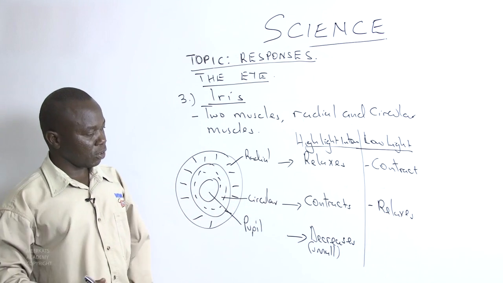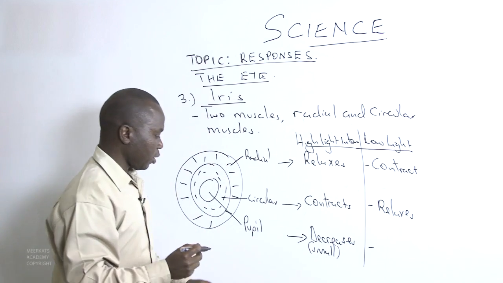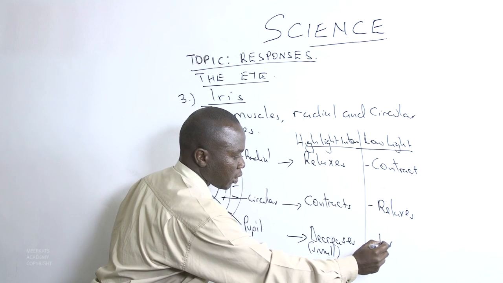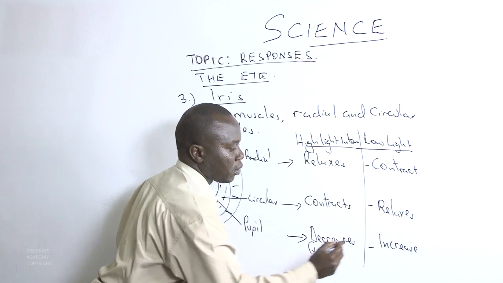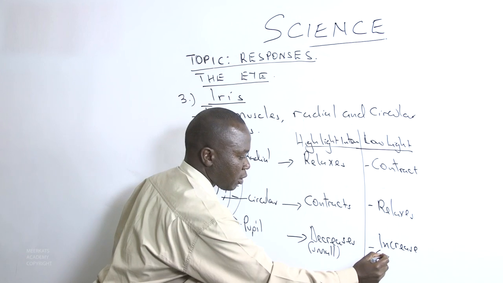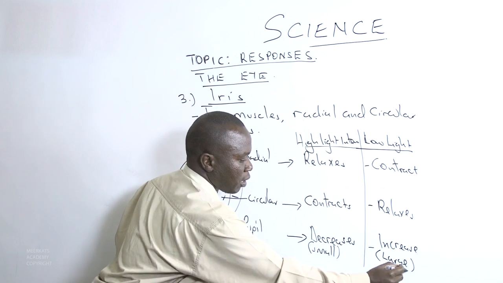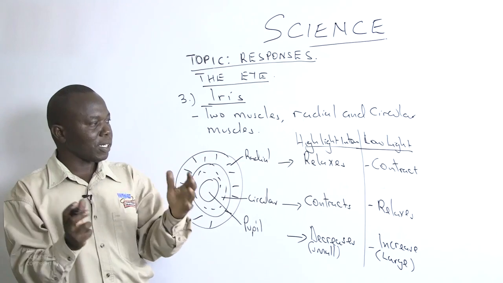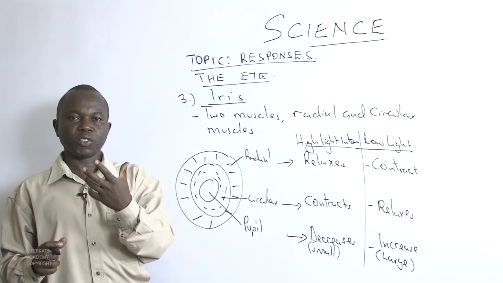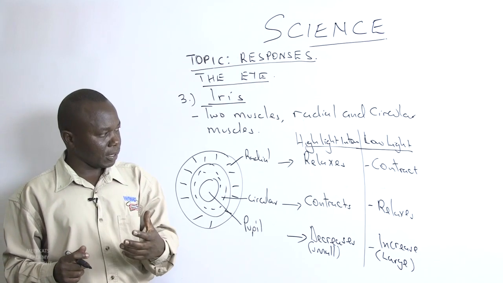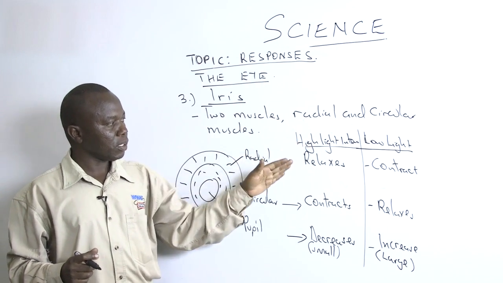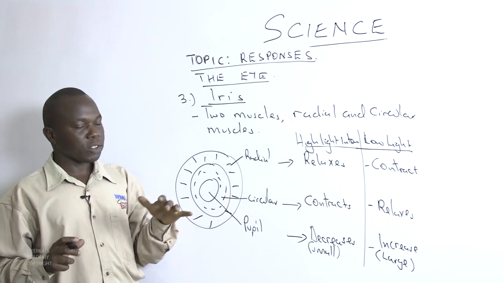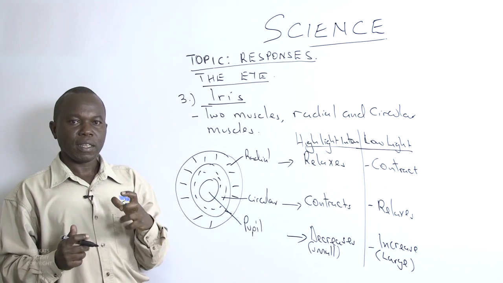They go back to the original position. When it goes back to the original position, the size of the pupil is going to increase. When it increases, it means it's becoming large in size. Therefore, the amount of light getting into the eye will increase because the eye was trying to get more light. So in these two ways, we can easily explain how the iris regulates the amount of light that enters the eye.